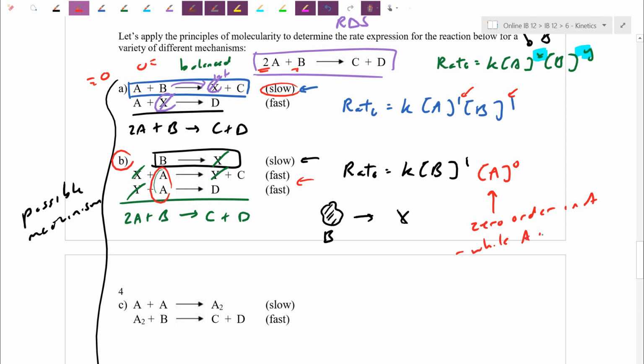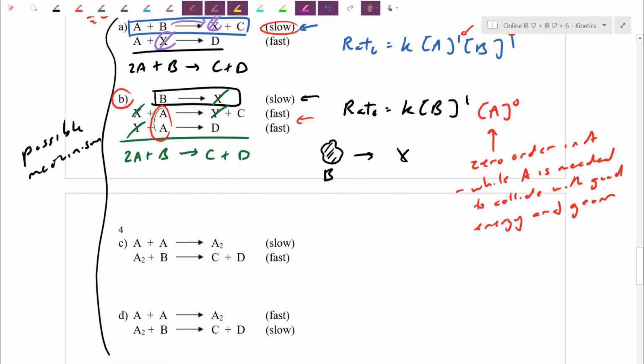while A is needed to collide with good energy and good geometry, it's not in the RDS, it's not in the rate determining step, it's not in the slowest step. It participates in some other two-particle collision, and the overall rate just depends on the slowest step.